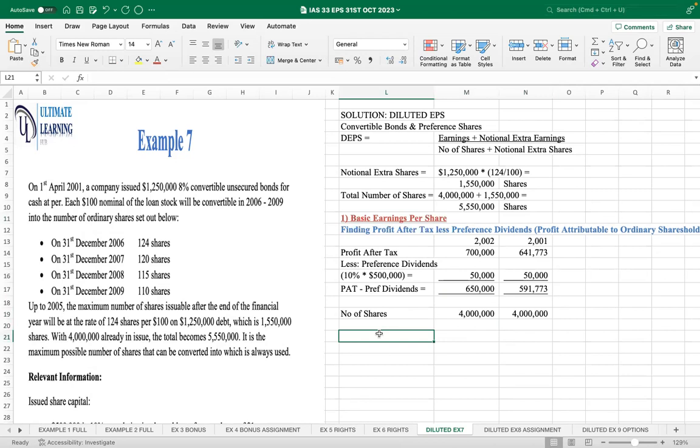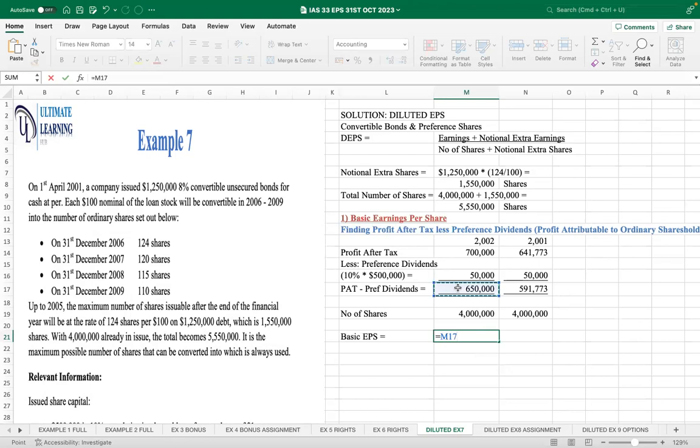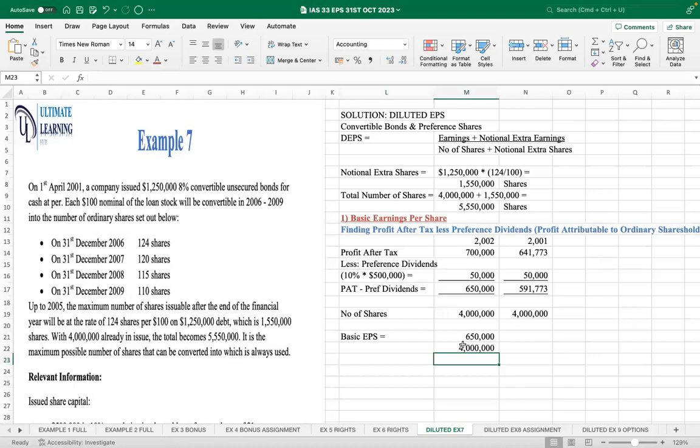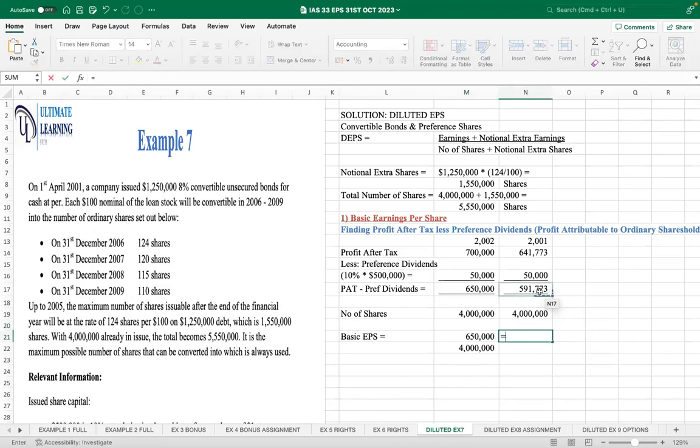So our basic EPS will therefore be equal to 650 divided by 4 million, and on this other side, it will be equal to 591 divided by 4 million.